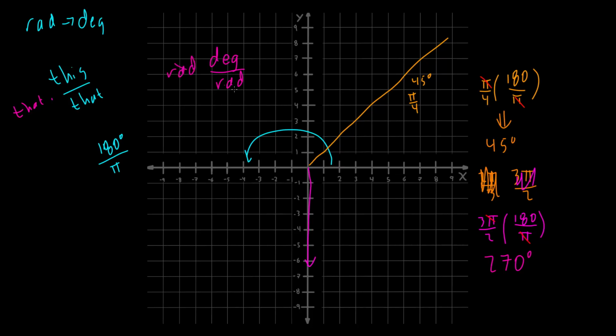That's going to help the units cancel each other out, and you just end up with degrees. This is kind of the reverse. I'll try to remember to link to the other video where I converted degrees to radians.